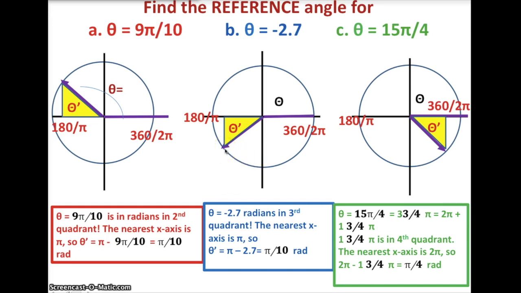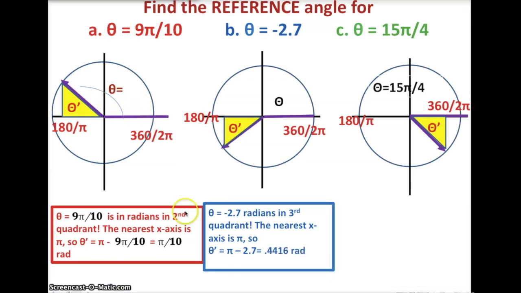This is third quadrant. The nearest x-axis is, again, pi, so I subtract. Okay, sorry for the interruption there. That was pi minus 2.7, which is 0.4416 radians. That would be this angle right in here.